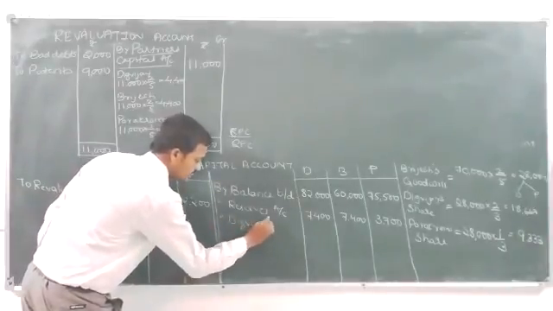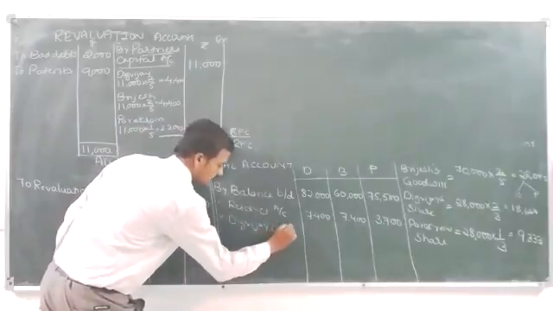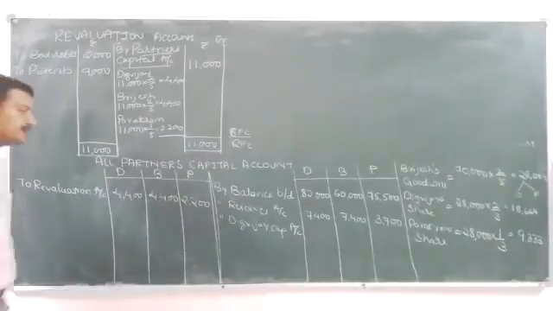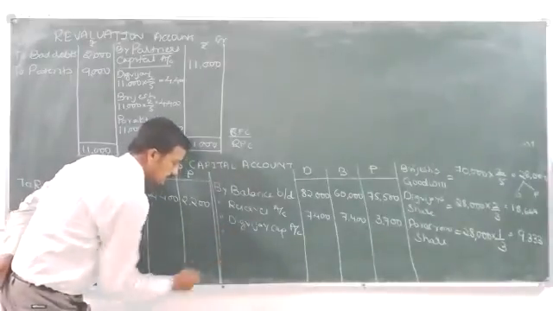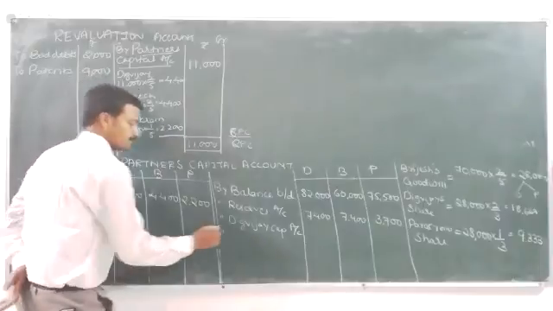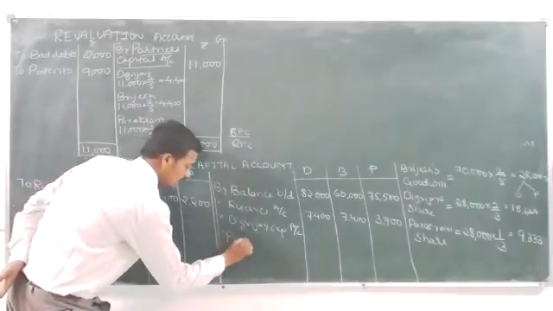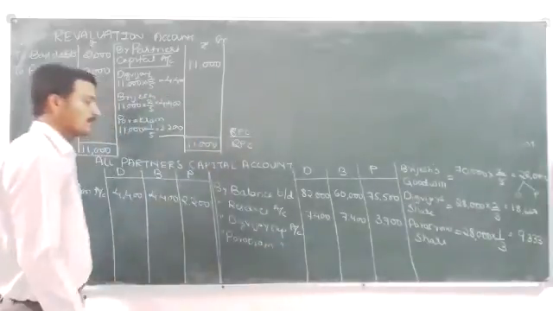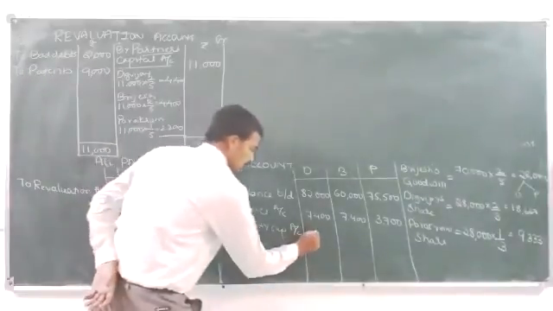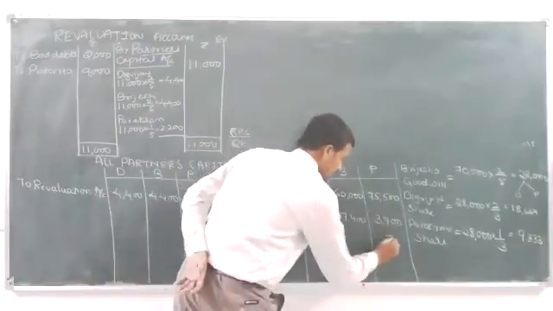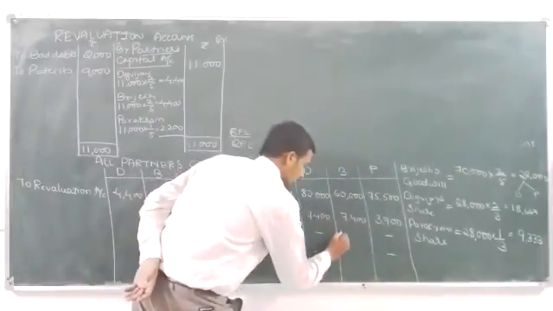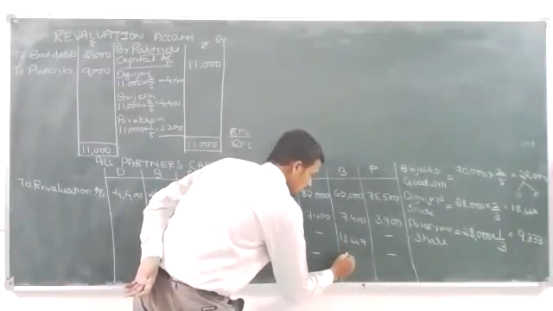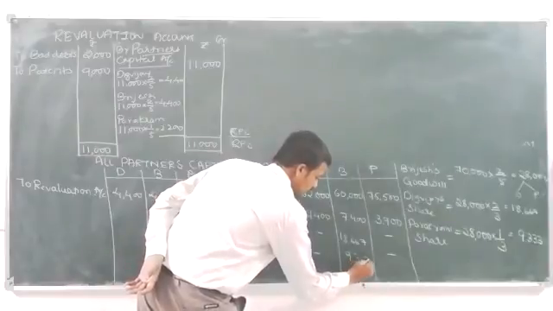By Digvijay capital account. You can refer to the ledger account so that you can understand. By Digvijay capital account, and next by Parakram capital account. The amount is to be written in the Brijesh's column, that is 18,667 and next 9,333.